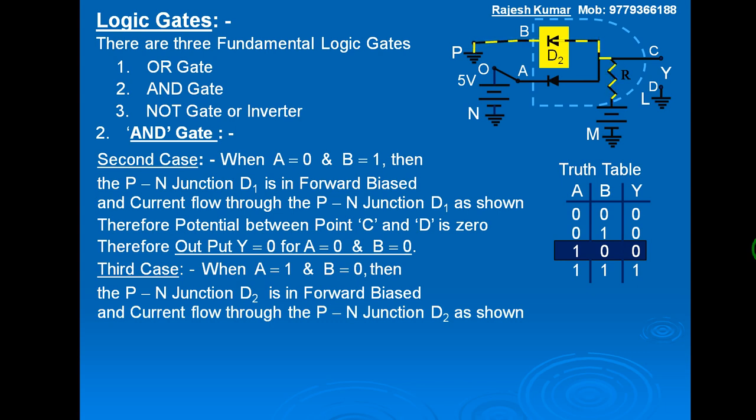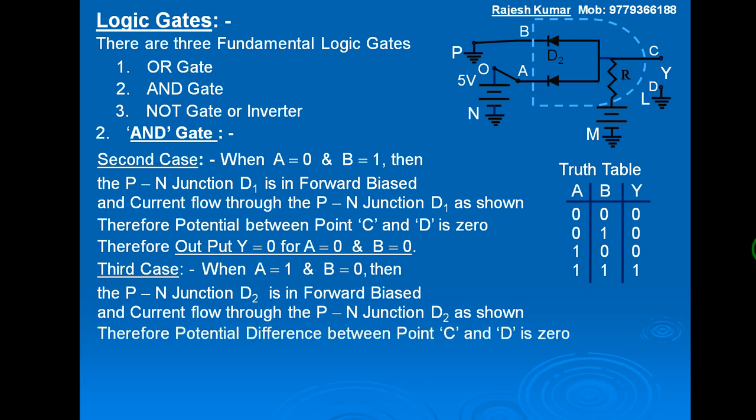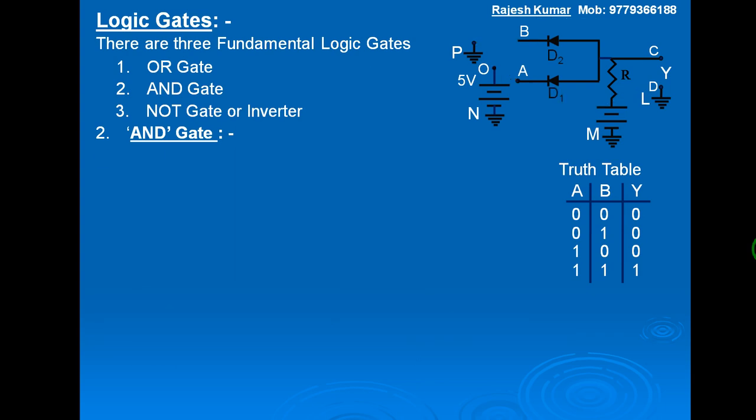See this, the current is flowing through PN junction D2. Therefore, the potential difference between point C and D is again 0, as no current is flowing from C to D. Therefore, output Y is equal to 0 for A equal to 1 and B equal to 0.